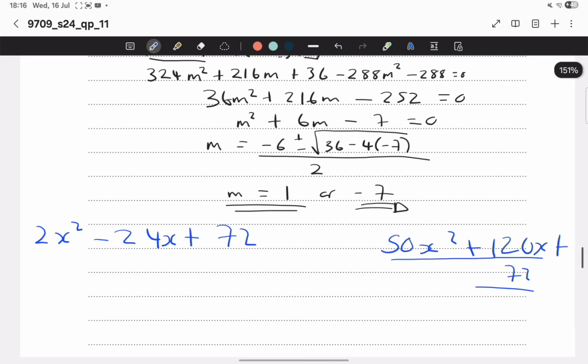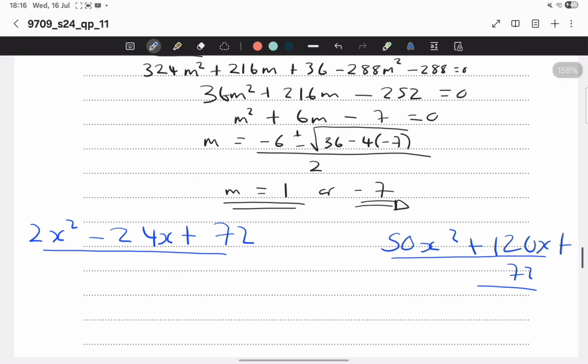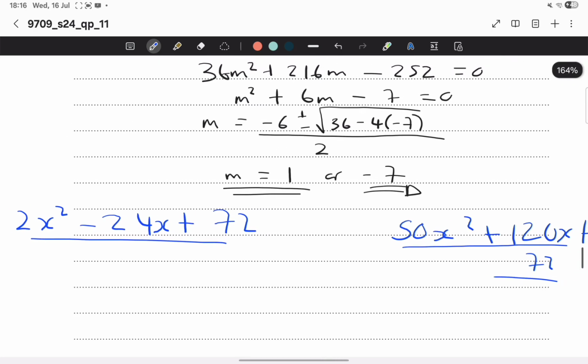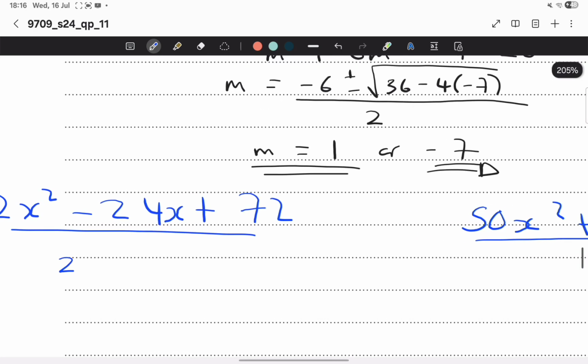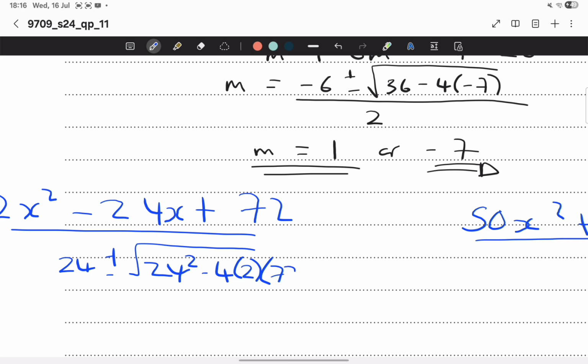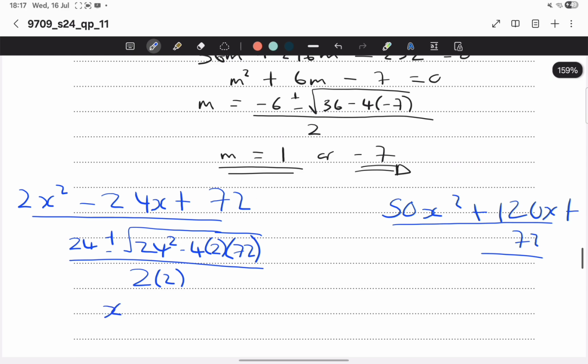These are the two equations that we get. If we use the quadratic formula for this one, 24 ± √(24² − 4a), where a is 2 and c is 72, over 2 times 2, we get x as 6.